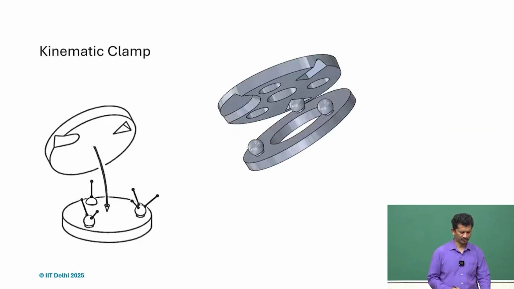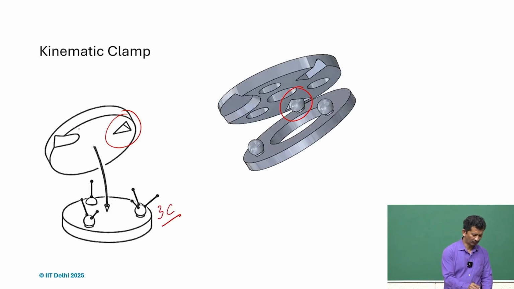For more illustration, we have the trihedral hole here, with 3 constraints defined when they make contact. Similarly, the V groove makes two contacts here.